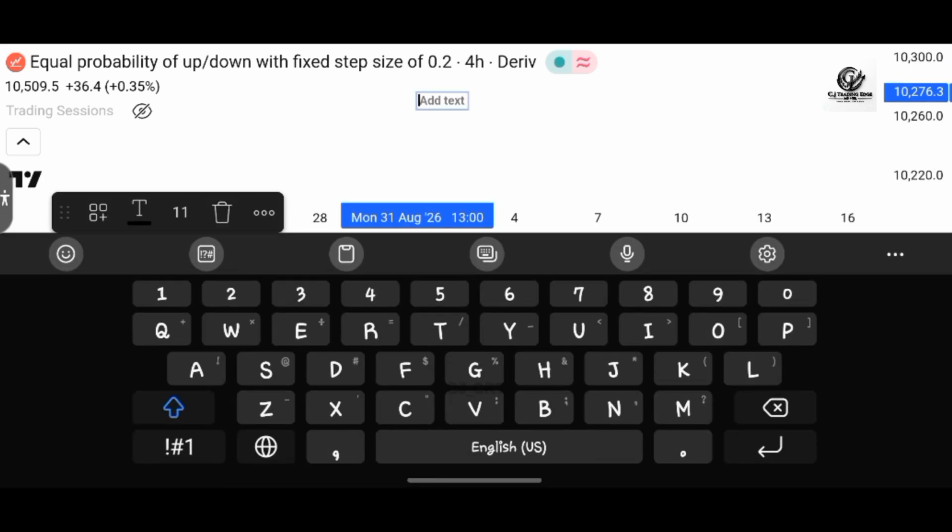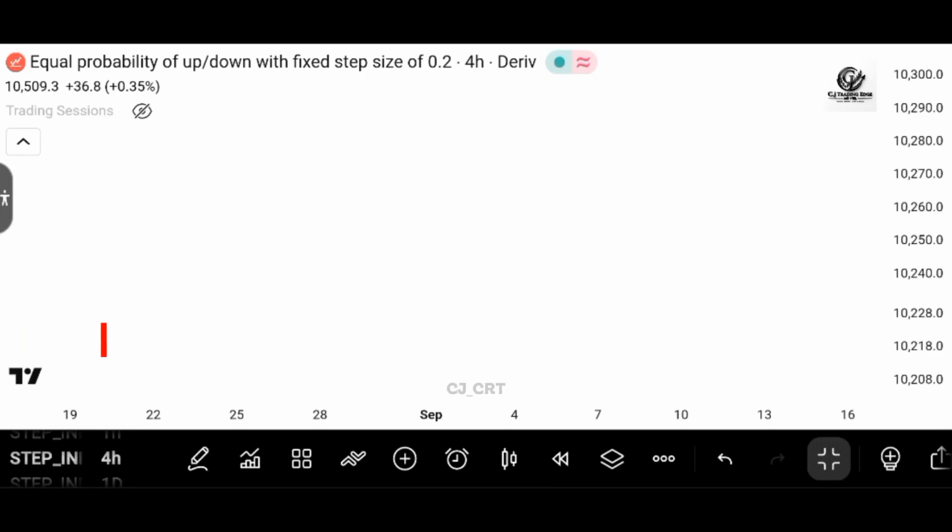Order flow is essentially the real-time interaction between buyers and sellers in the market. It helps each and every one of us understand where aggressive buying or selling is taking place and how that activity influences price movement.